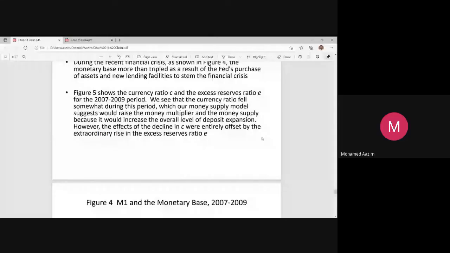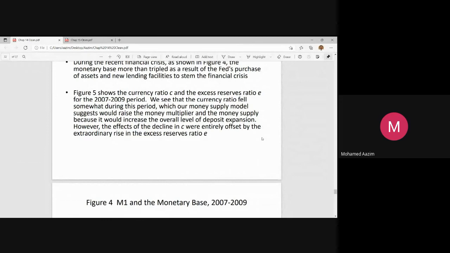So what I was explaining to you is, during the recent financial crisis, the monetary base tripled. But unlike in usual crisis periods, this time around, people did not start withdrawing their deposits, rushing to banks to pull out their deposits. No. Actually, the currency ratio, small c, has decreased.